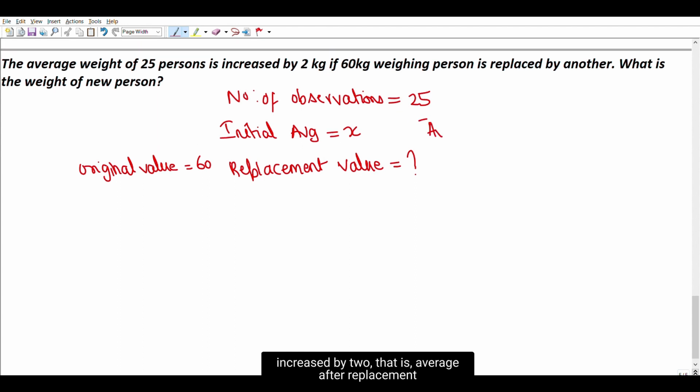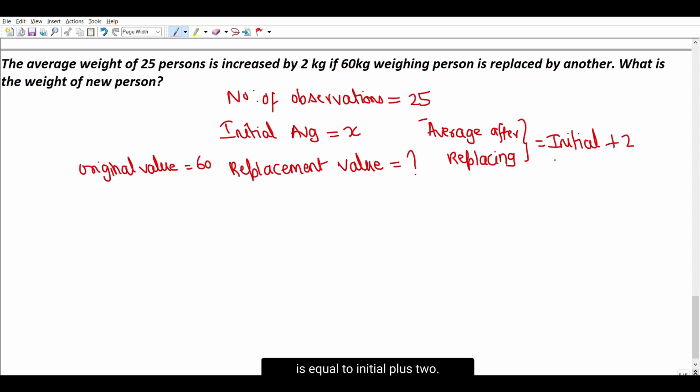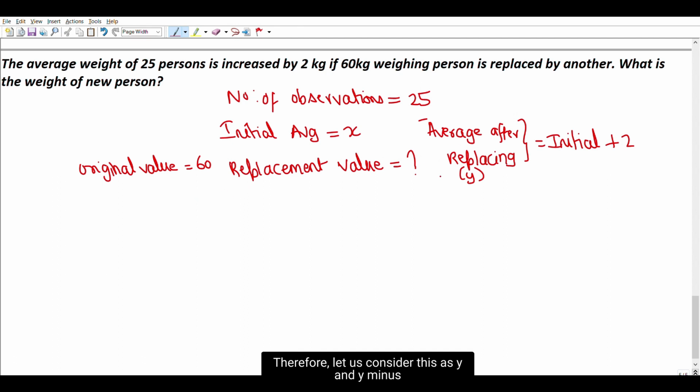That is, the average after replacement is equal to initial plus 2. They have clearly specified that the average of the weight is increased by 2 kg when the replacement has happened. Therefore, let us consider this as y, and y minus x will be equal to 2. That is, average after replacement minus average before replacement is equal to 2.